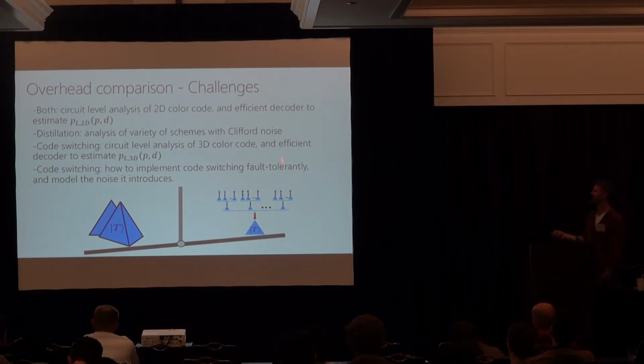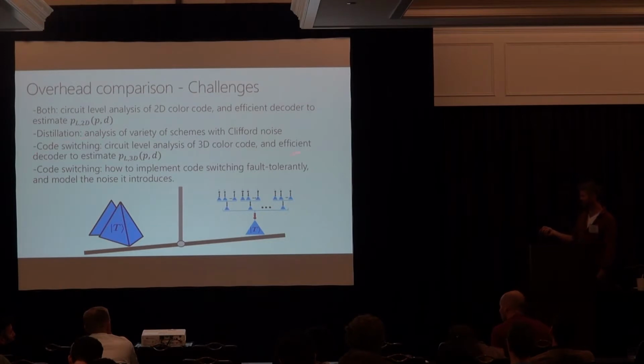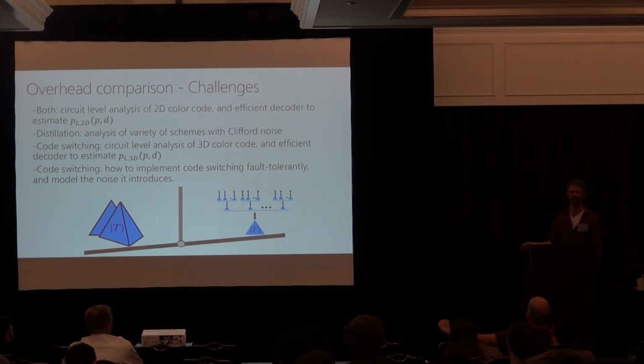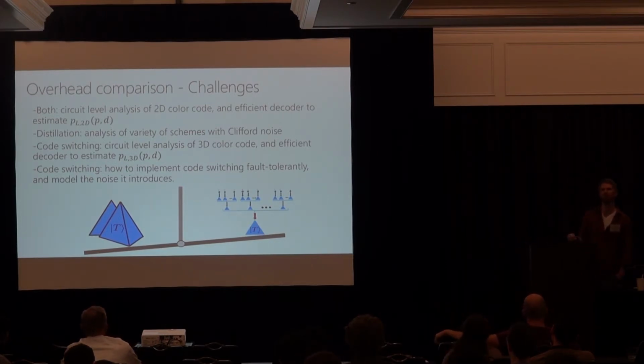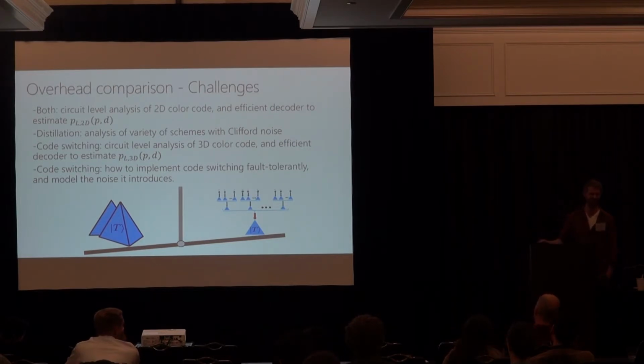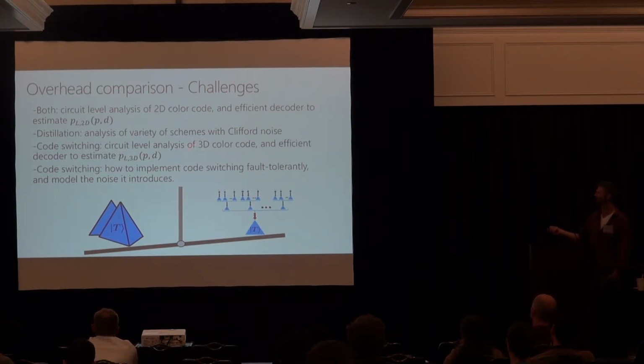And then another thing that needs to be done is distillation analysis using noisy circuits. Most commonly, distillation is analyzed by assuming that all of the Clifford gates are perfect, but this isn't true, and there has been work done on this, and it's definitely possible to analyze. So that shouldn't be too problematic. The next one starts to get harder from here on.